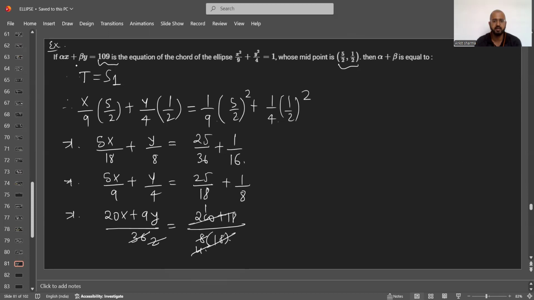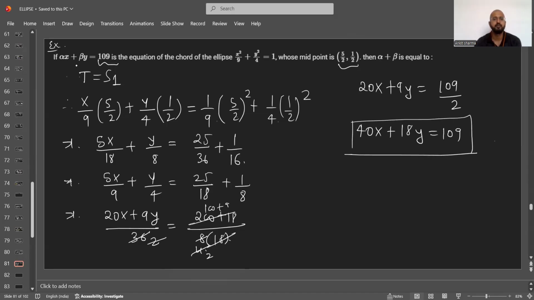So I'll be having here 100 plus 9. So yes, that means I got here 20x plus 9y is equal to 109 by 2. This 2 is pending here, so 2 I'm going to multiply here. So this is going to be 40x plus 18y is equal to 109. So this is the desired form. So alpha plus beta would be 58. This is alpha, this is beta.